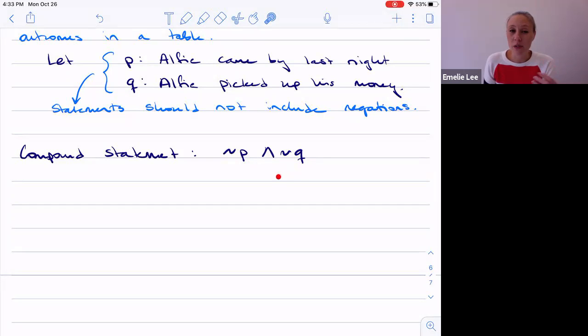I would encourage you to do it in as many steps as you feel is necessary. I would usually make a column of not P's, another column of not Q's, and then finally build it out and have this full column where I can look at the not P column and the not Q column and see where they're true together.